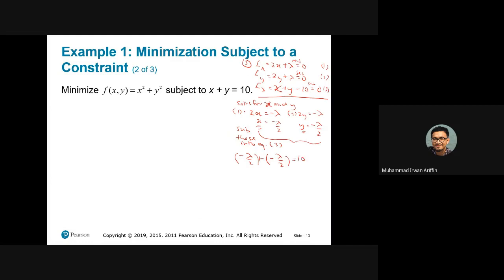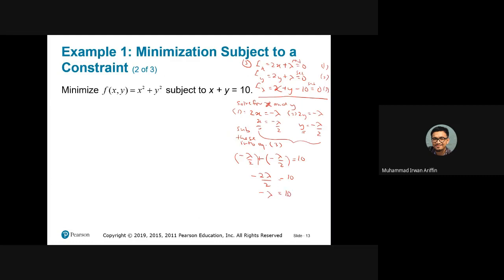Negative lambda over 2 plus negative lambda over 2 gives negative 2 lambda over 2 equals 10. So negative 2 over 2 becomes 1, and negative lambda equals 10.